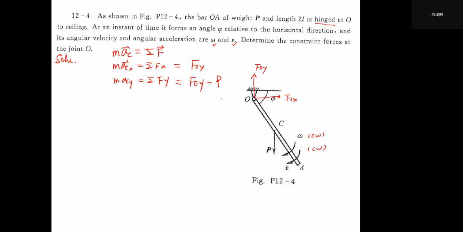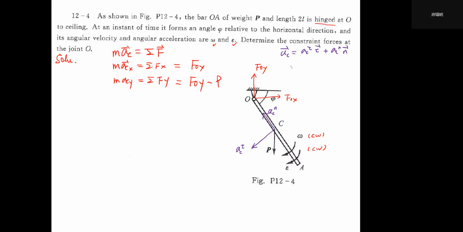Here we can find AC because we know the direction of omega and the direction of epsilon. It will be ACT and ACN. We can write AC as ACT along the tau direction plus ACN along the N direction.